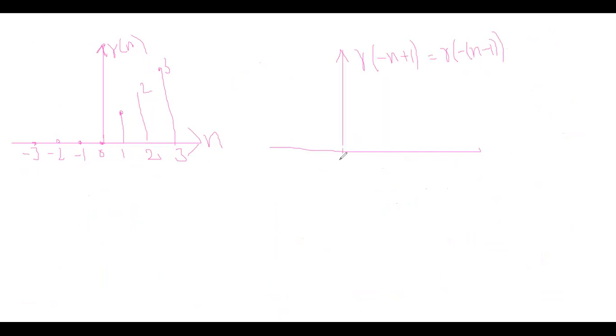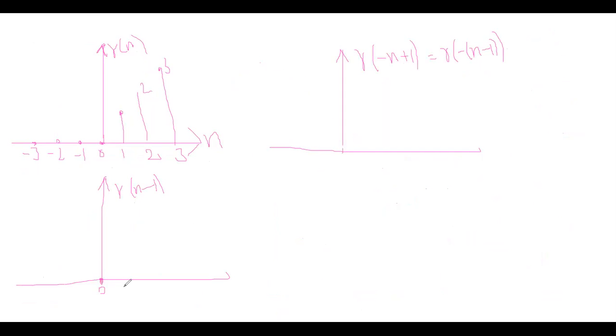N minus 1 you can write as first of all r of n minus k. R of n minus 1 is shifting towards right side by one sample.